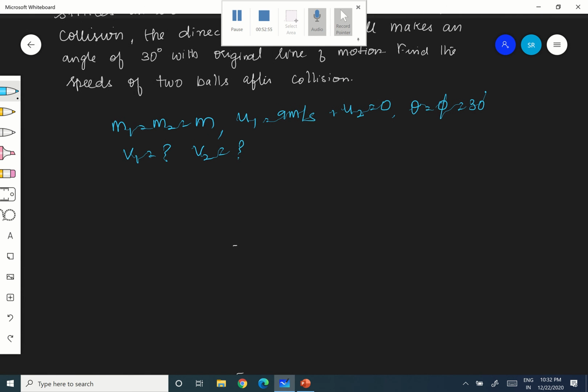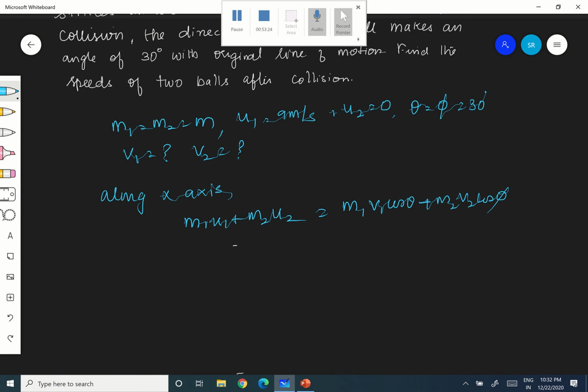So first, apply the conservation principle along the x-axis, momentum conservation along the x-axis. Now you know how to, therefore that is M1 U1 plus M2 U2 is the initial momentum. Final momentum is nothing but M1 V1 cos theta plus M2 V2 cos phi.